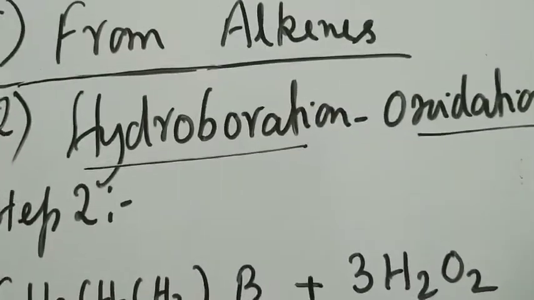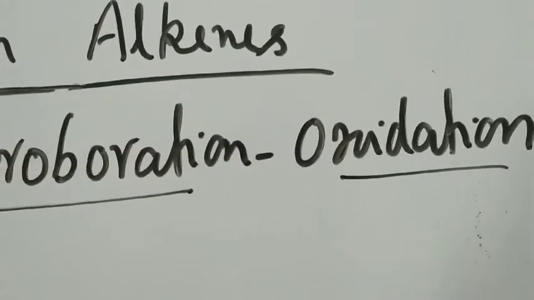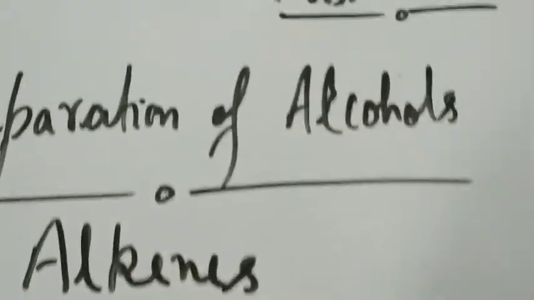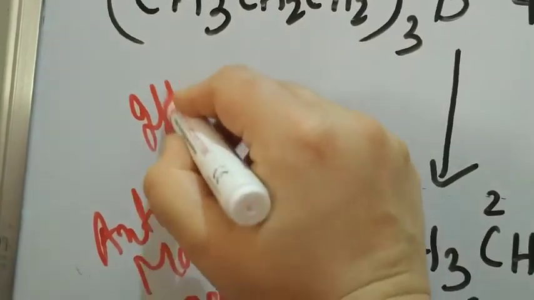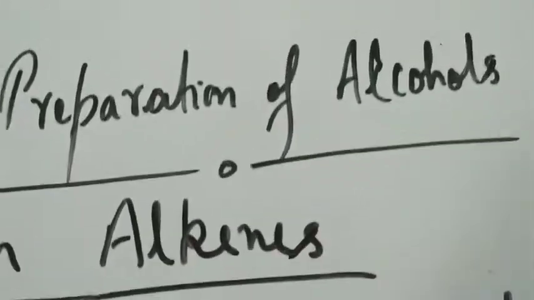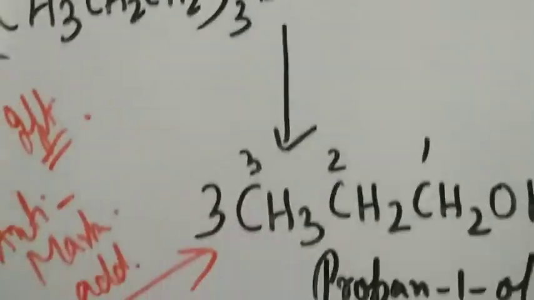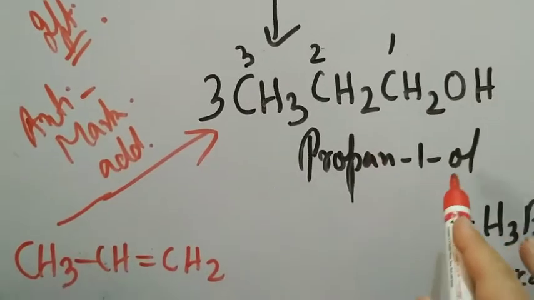That is the whole procedure. You have seen how in the first step we did hydroboration, and in the second, oxidation, to obtain alcohol from an alkene. But what is important to remember is that in hydroboration oxidation, you can prepare an alcohol from an alkene, but the addition is anti-Markovnikov addition. You get propan-1-ol.